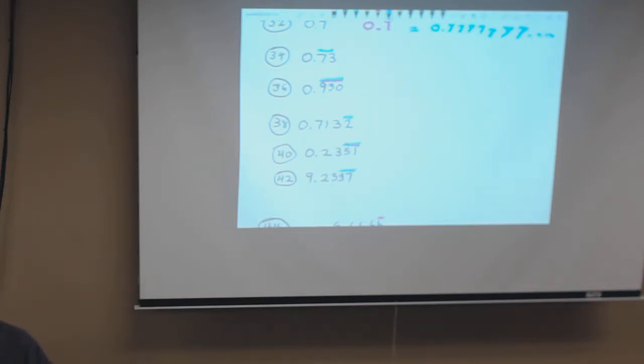If you would have written 9.23373, do you understand that those two numbers say the exact same thing? Because this one says you repeat 37, and this one says you repeat 73. You see how they're the same number? But since they said with the fewest number of digits, we'll use this one here as our answer.